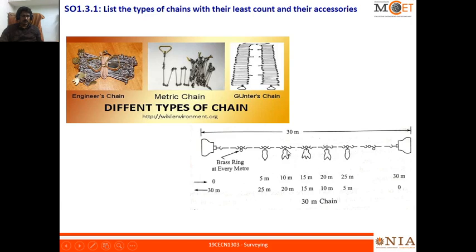So the common center portion is 15 meter, which is different. In some other chain it will be a round tally, in some other chain it will look like that. So these are the measurement units we use in the chain, right? You have to remember these things.